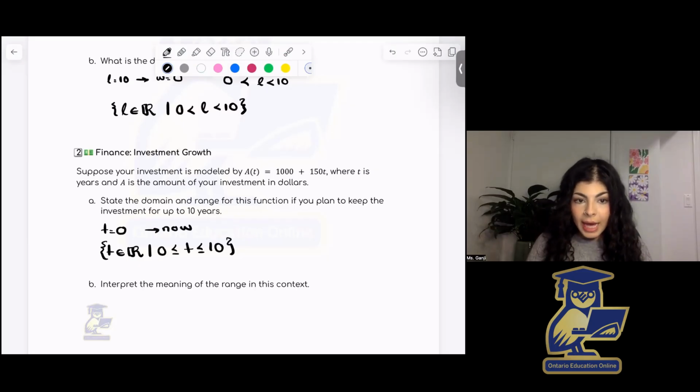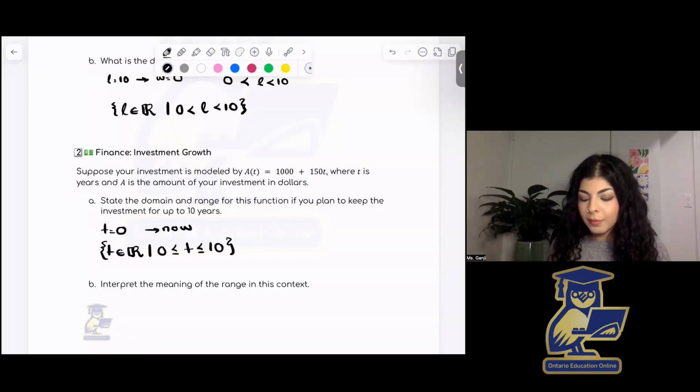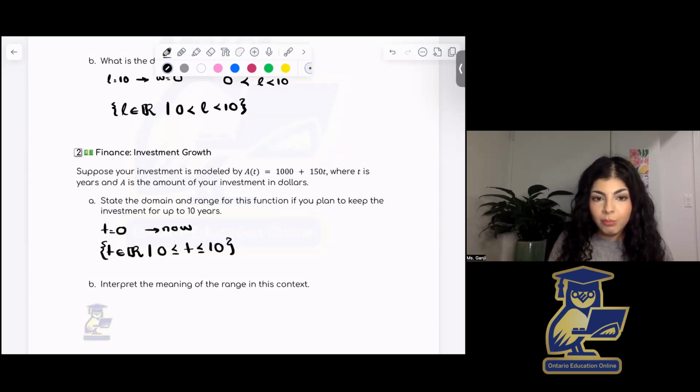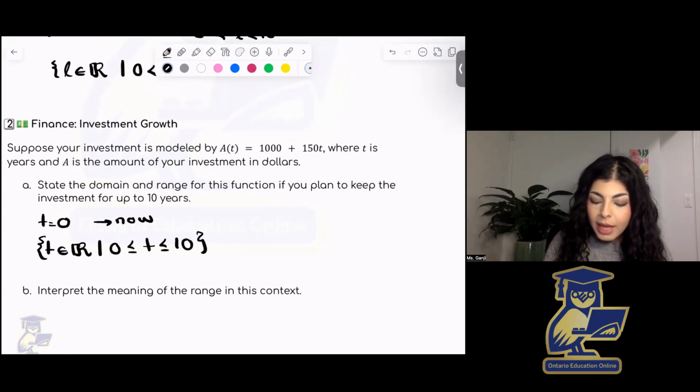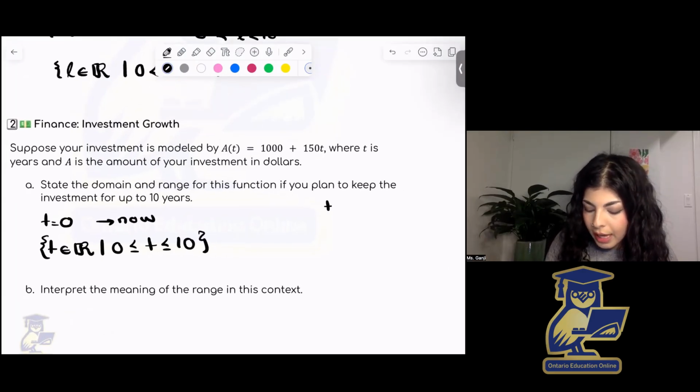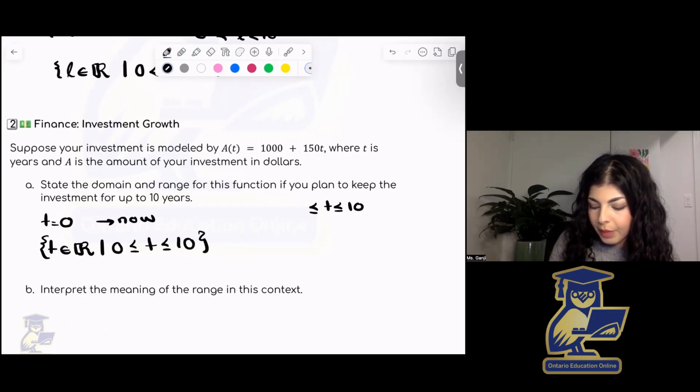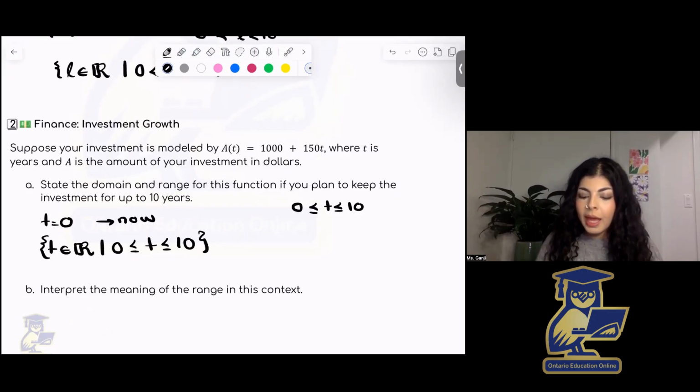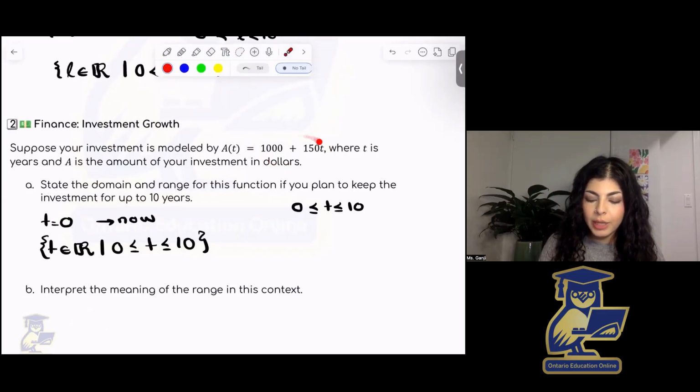Now, based on that, try to think what the range could be. So one way would be if you just graph this and found it using the graph, but I'll show you how to find this mathematically as well. And specifically, I'm going to start with that inequality I have here. And I'm going to try to recreate this equation using operations to t.